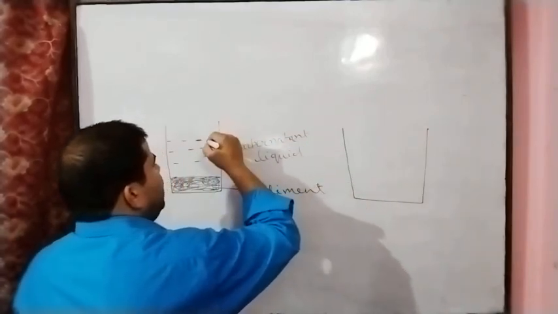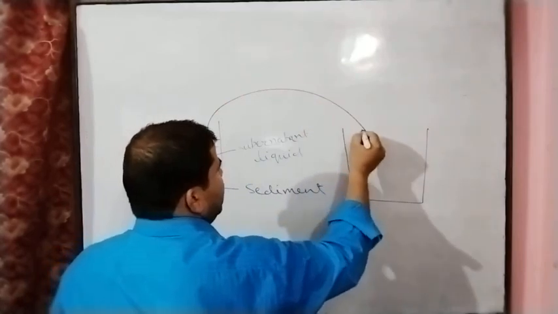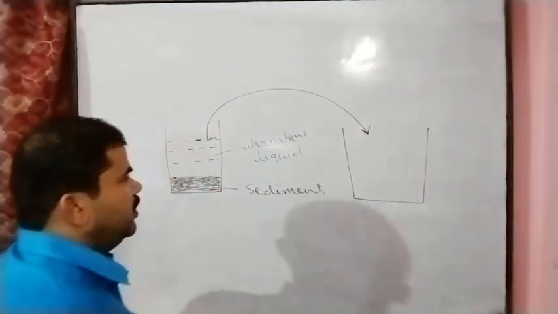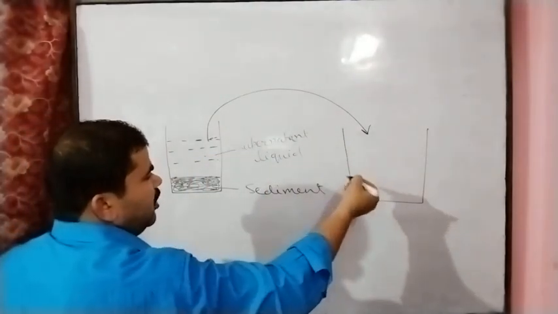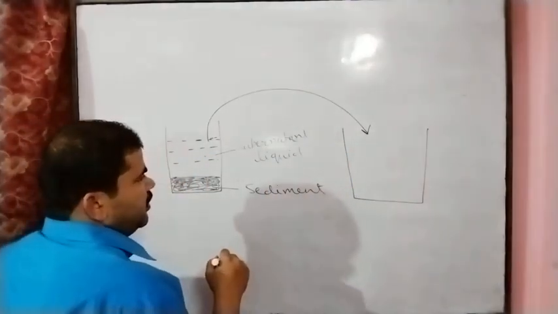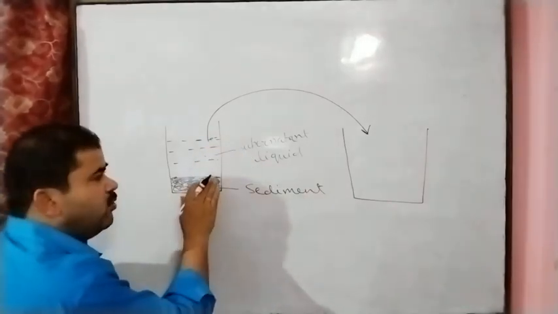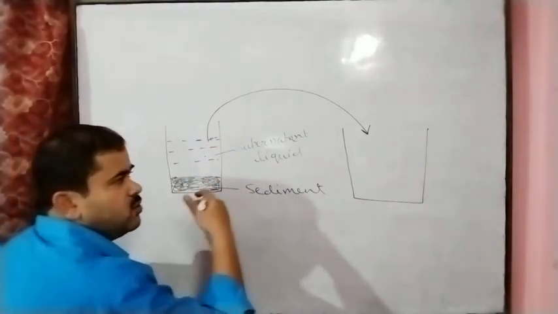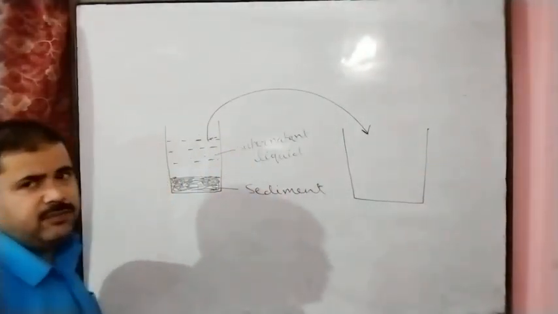After this, we pour the supernatant liquid into another container or beaker without disturbing the sediment. This process is called decantation.